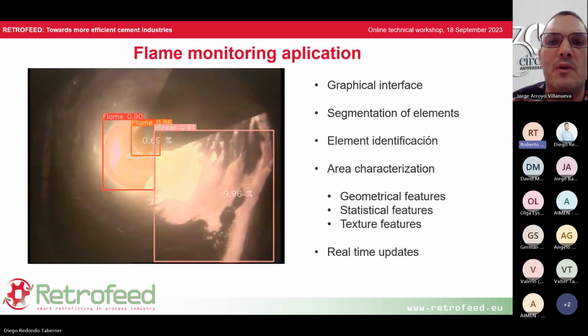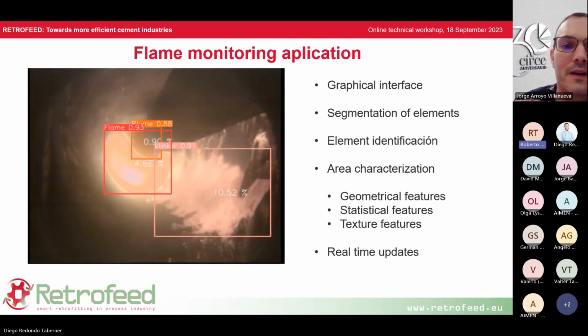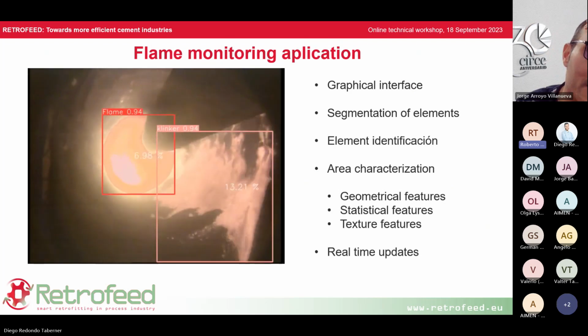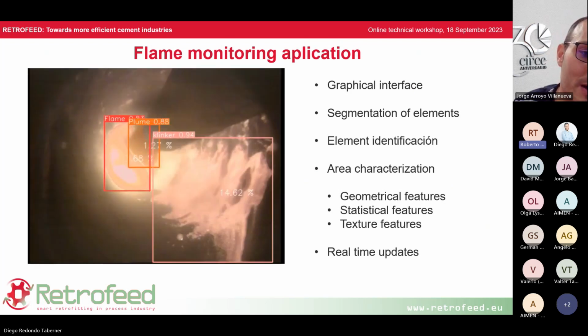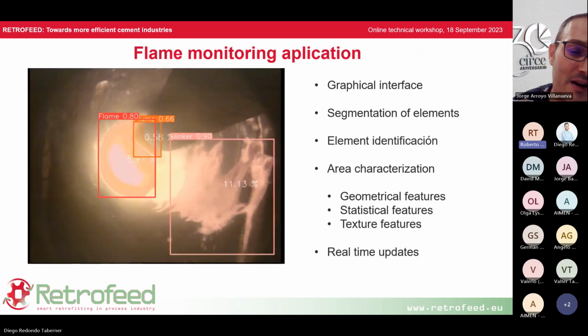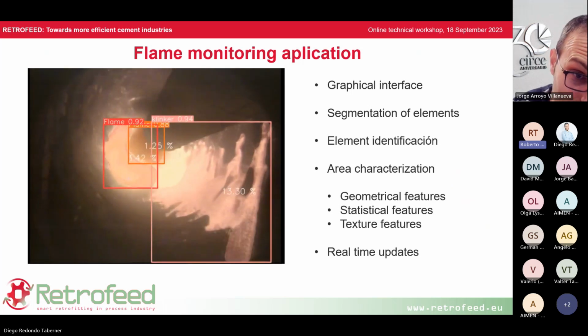The final flame monitoring application has a graphical interface where we segment three elements of the flame. You can see here the clinker and the plume of the flame. We identify these elements, and we characterize the area of each element and some geometrical features.